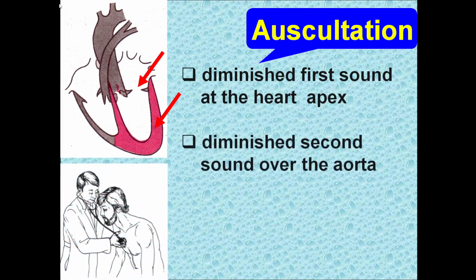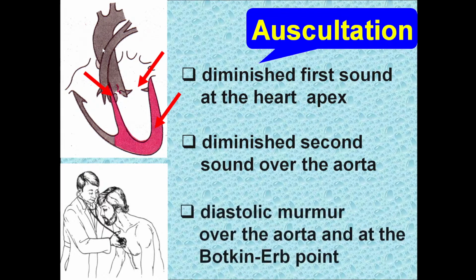The second sound over the aorta diminishes because there is no valvular component, the main component of the second sound. And we will hear a diastolic murmur, turbulence movement of the come-back blood, which regurgitates onto the Botkin-Erb point.